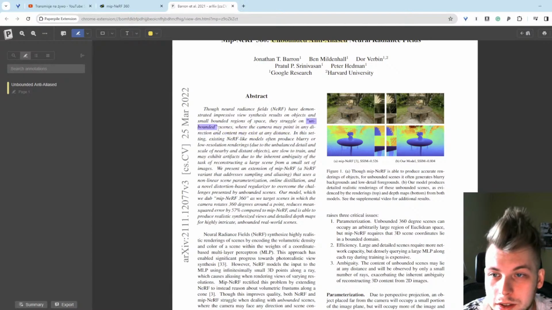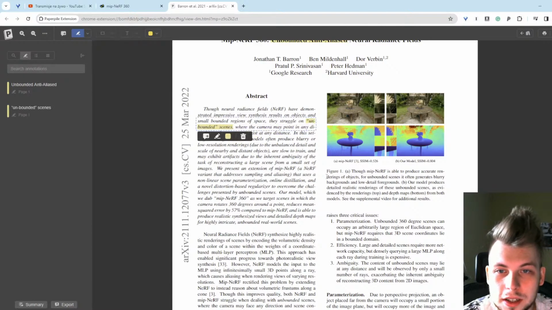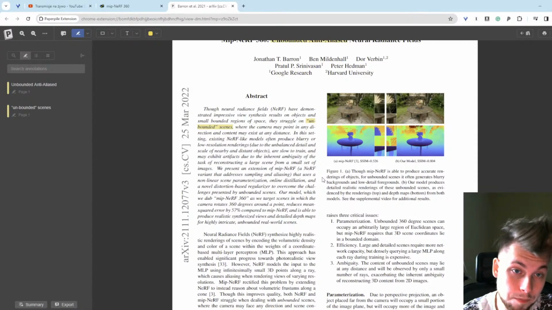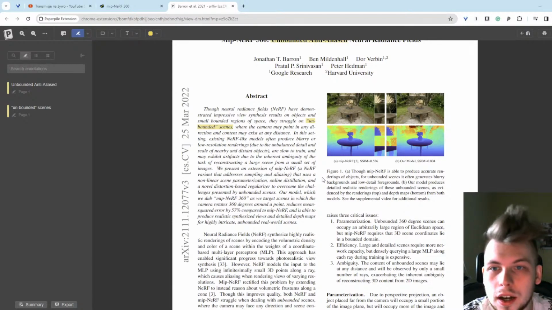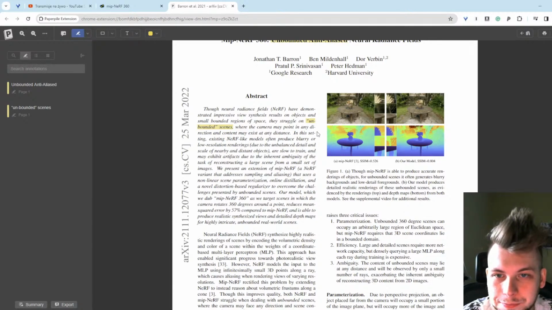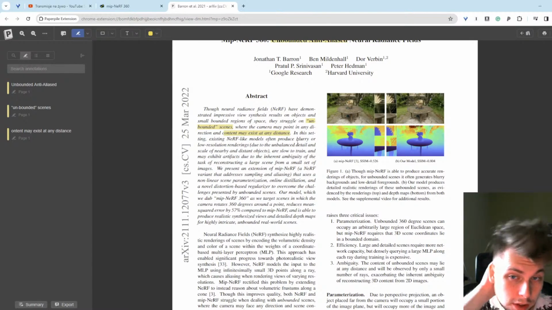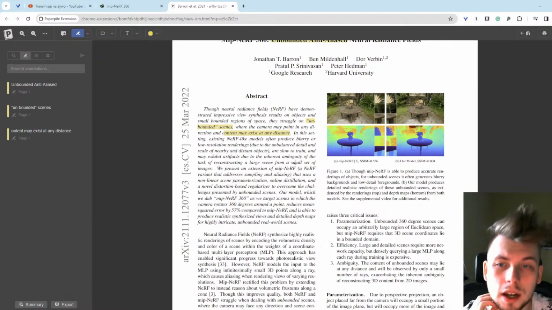Yeah, NeRFs struggle on unbounded scenes, meaning the scenes that have a lot of background space, especially background space that can go into infinity. Content may exist at any distance. This is the issue. In this setting, existing NeRF-like models often produce blurry or low-resolution renderings.